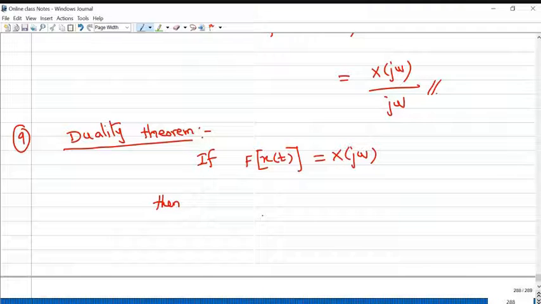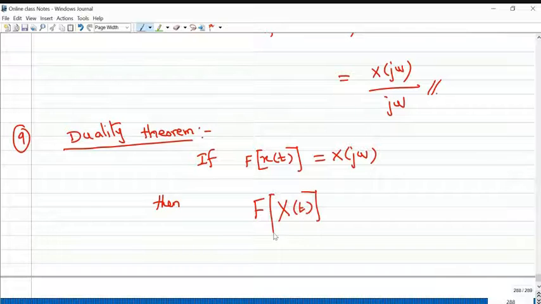So the duality principle says the Fourier transform of x of t. Please understand, I am using small x for time domain representation, capital X for frequency representation. Small x of t, capital X of j omega. Now, Fourier transform of capital X of t. What do you mean?